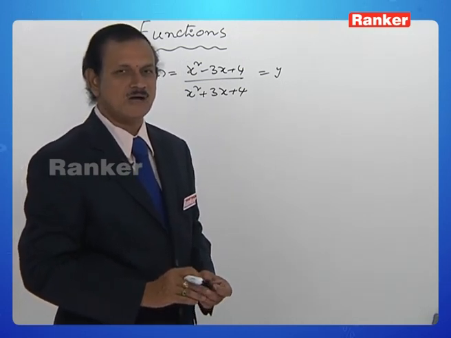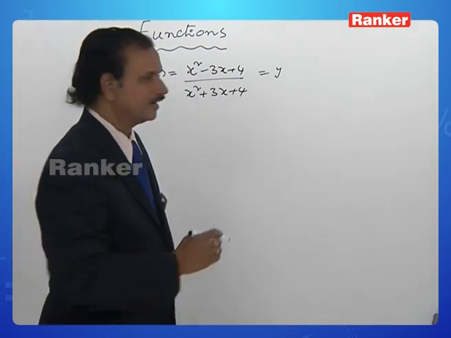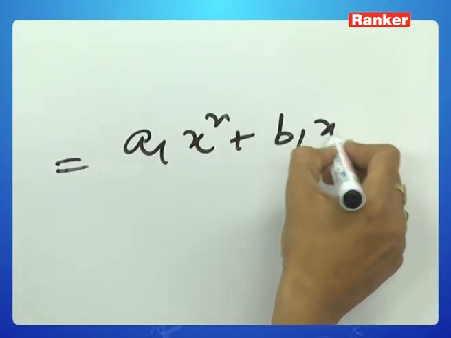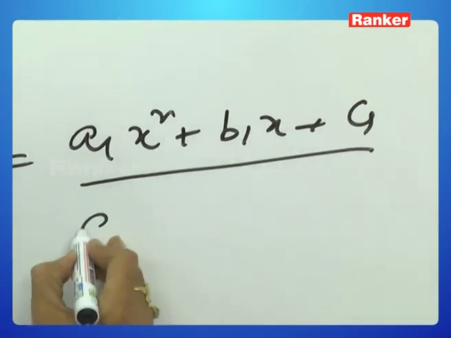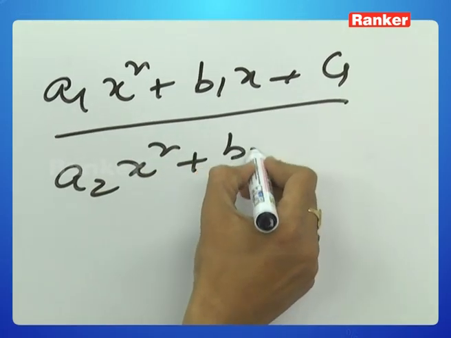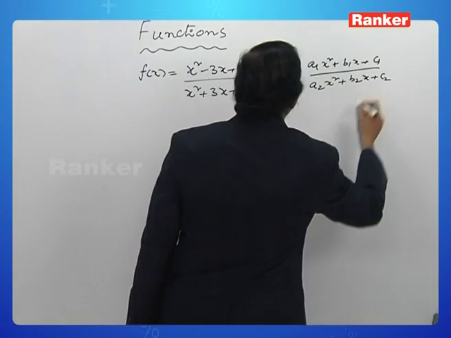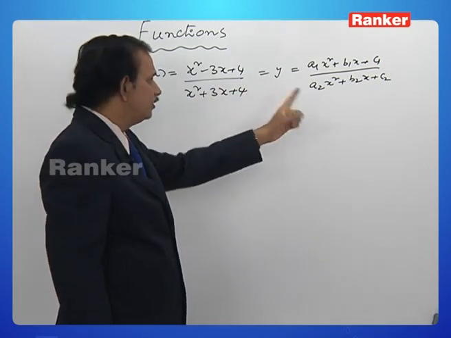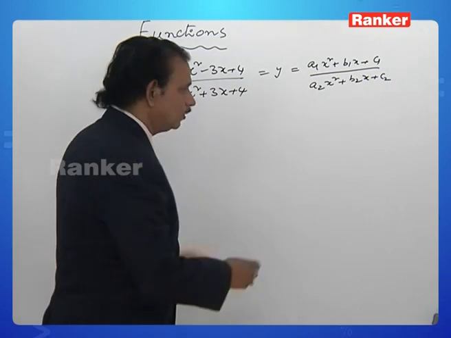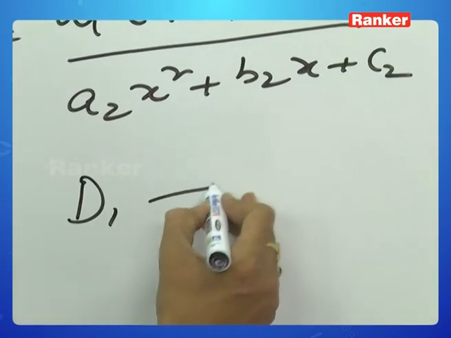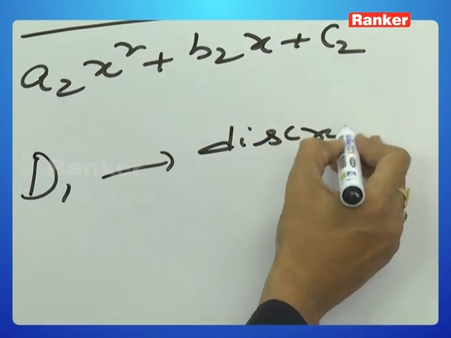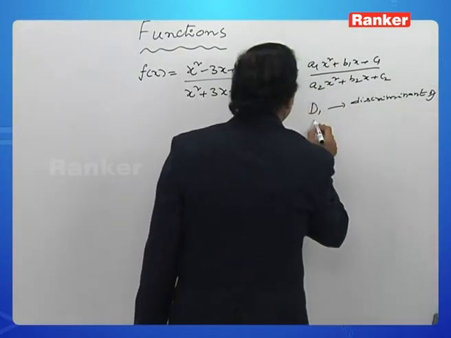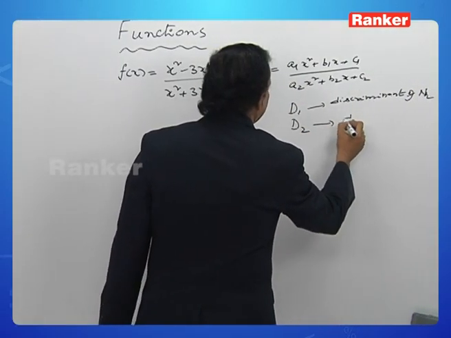Let us use our good olden mechanism. What is that? You compare this with a1x square plus b1x plus c1 by a2x square plus b2x plus c2. One can easily trace that a1, b1, c1 are 1, minus 3, 4. a2, b2, c2 are 1, 3, 4. Also, d1 is the discriminant of the numerator, d2 is the discriminant of the denominator.